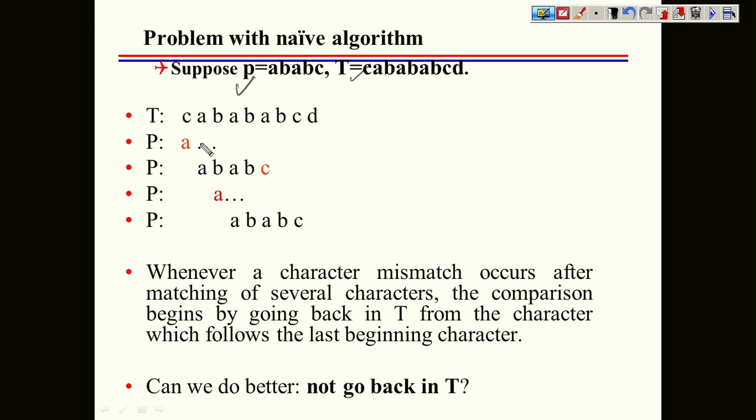This is A B C. At the very first match we will find that this is not a valid shift, so we will make a one position shift here, and then you will find that it is matching, but this is again not matching. So as a whole this is not a valid shift. So again you will shift one position, and again you will find that the very first character itself is not matched. So you'll make a shift, and then you will find now it is matching.